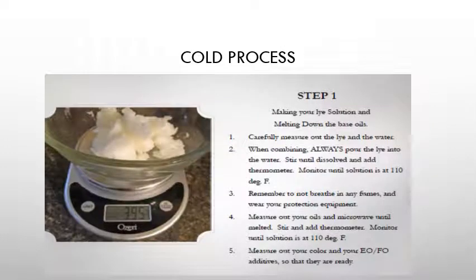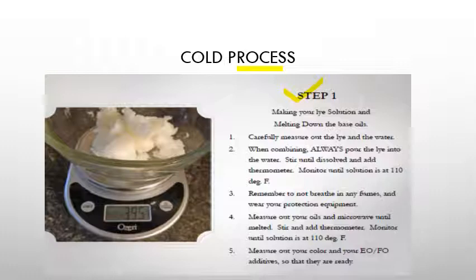So let us see the cold process of manufacturing soap. It requires the following steps. Step one is we prepare the lye solution. The lye solution is the alkaline solution used for making soap, made up of sodium hydroxide or potassium hydroxide.